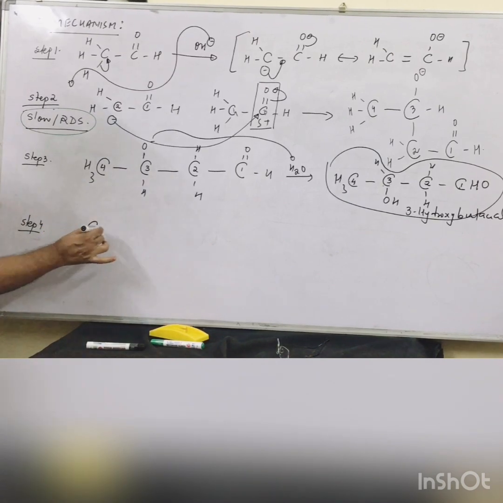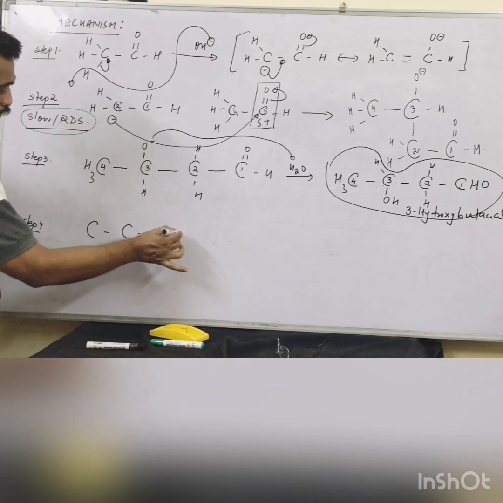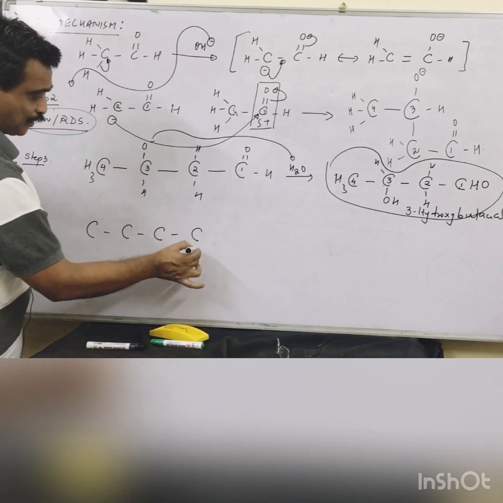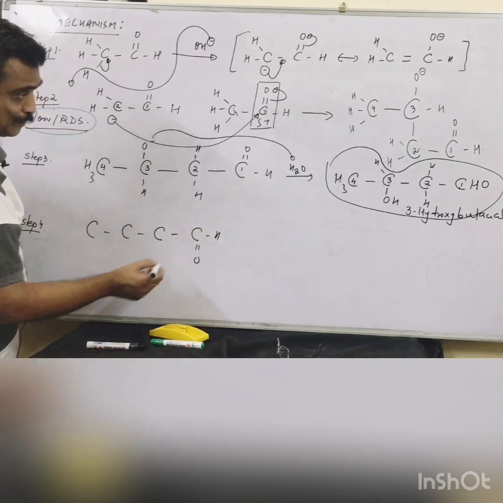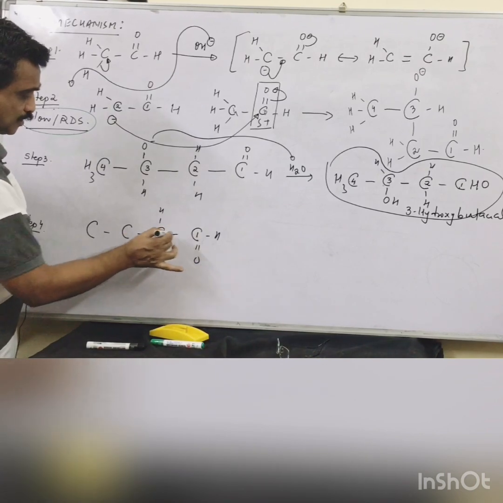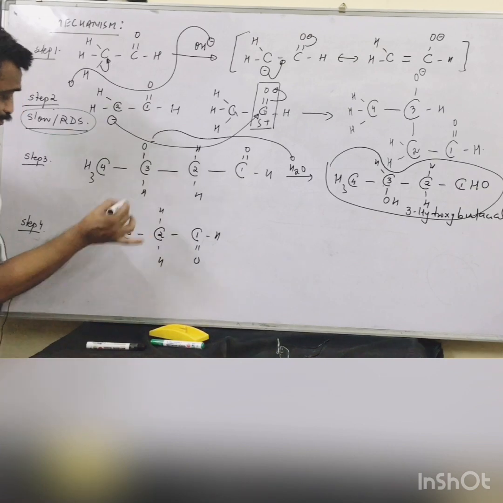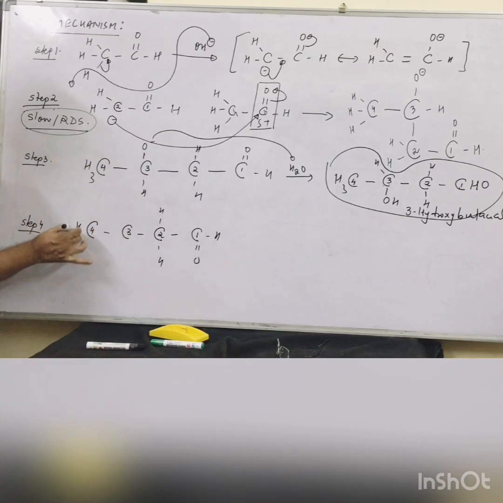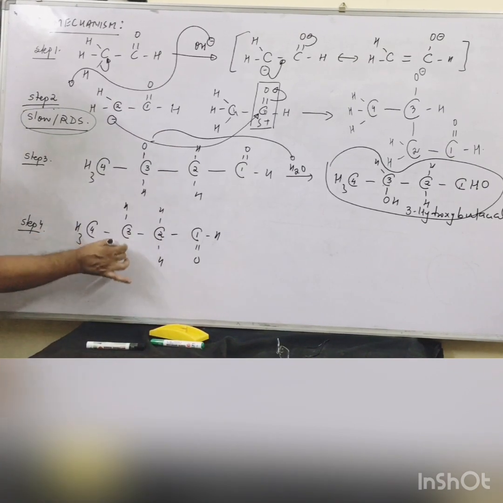This 3-hydroxybutanal. Write it clear and fast. If you label the carbons, this is carbon number 1, this is carbon number 2, this is carbon number 3, this is carbon number 4. There are 3 hydrogens, there is 1 hydrogen, 1 OH.